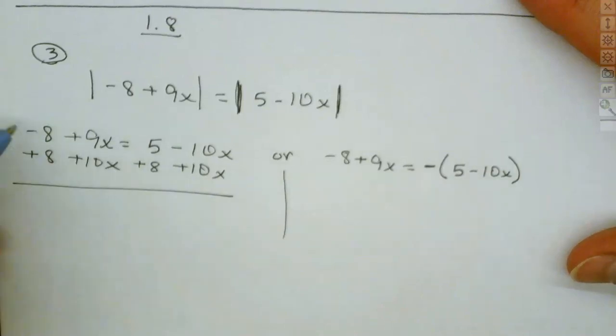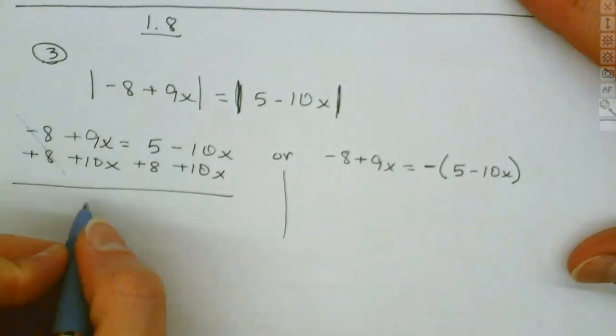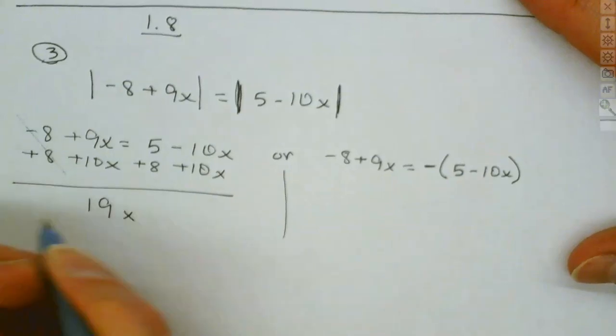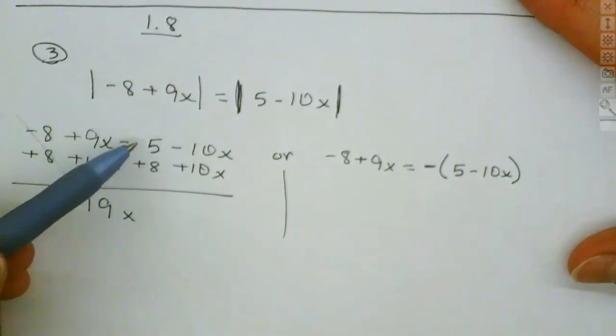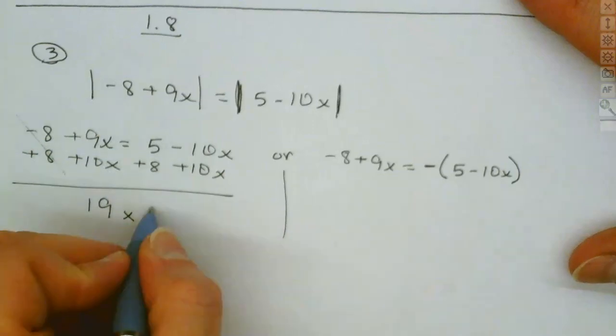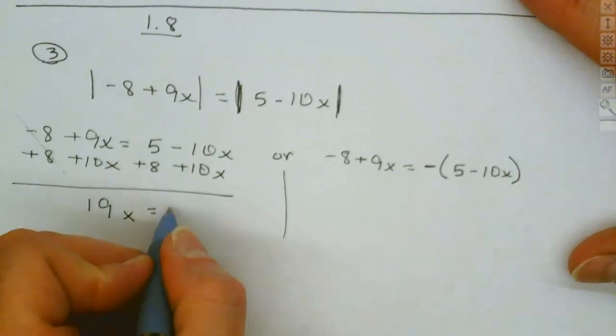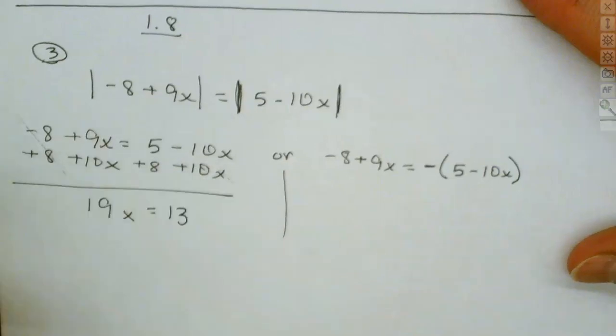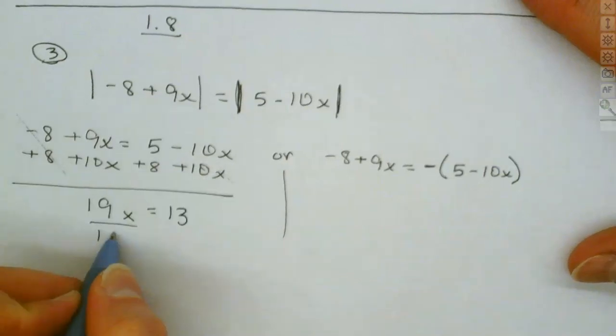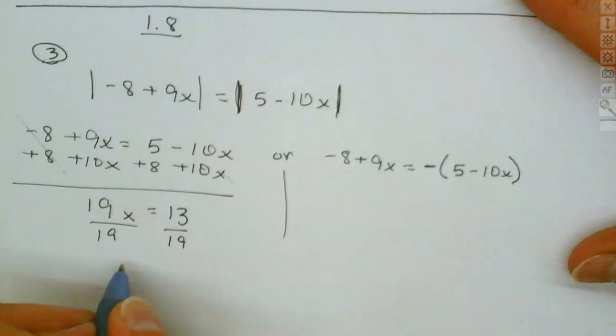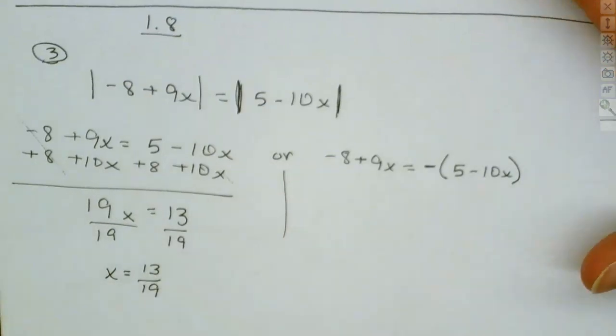The 8's cancel. We have a 9 and a 10x. That makes it a 19x. And then we have a 5 and an 8. Those add together. 5 and 8 makes 13. 10x's cancel. And we divide by our 19. And now we have x equaling 13 over 19.